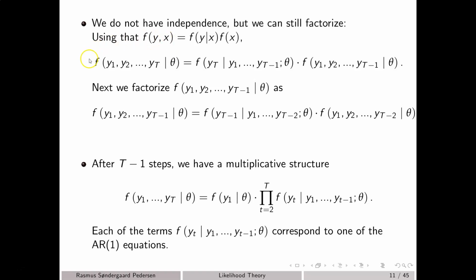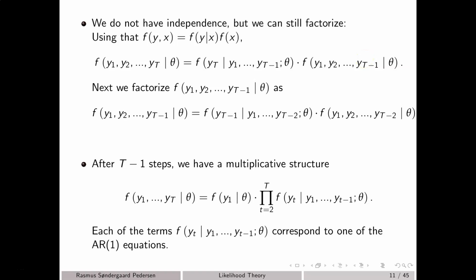So in particular, let us start out by considering the joint density of y1 up to yT. Then we can use that this is simply the conditional density of y capital T given the entire past times the joint density of the observations until time capital T minus 1.